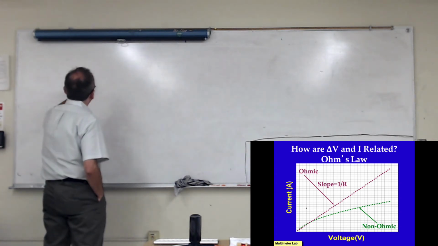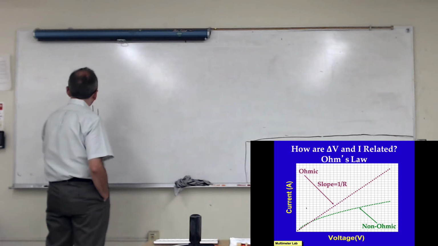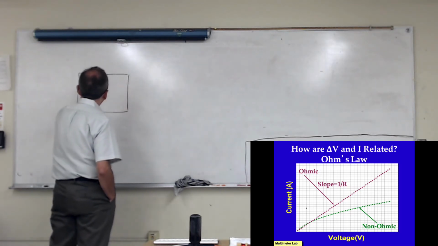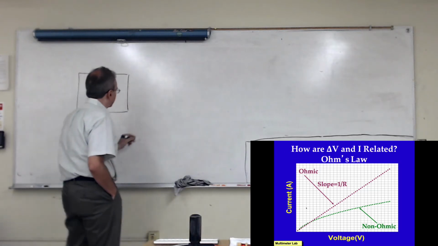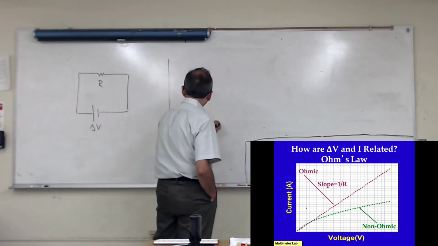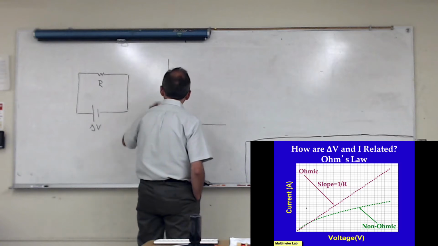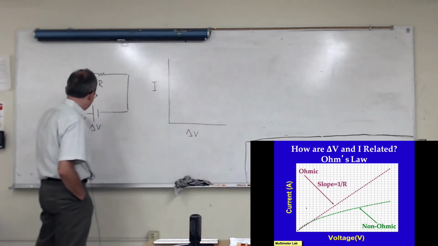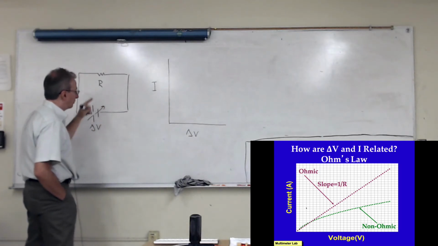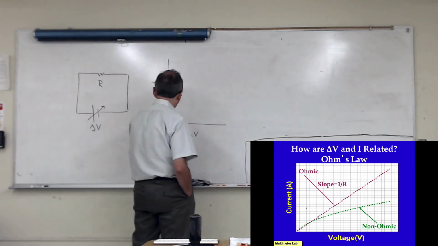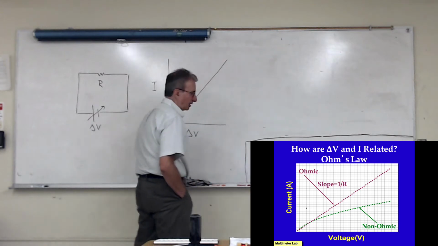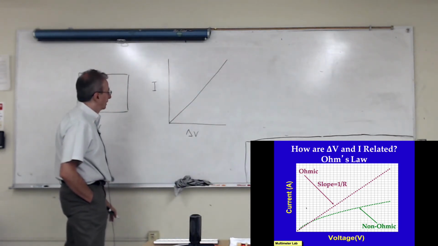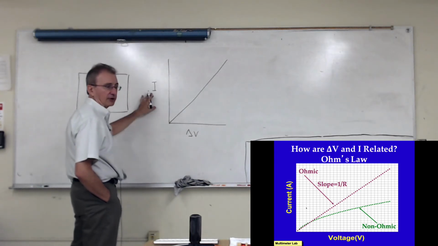Ohm's law: if we have a circuit with a battery and a resistor, basically if you plot current here, the potential you apply to the resistor on the horizontal axis, you'll get a straight line if you vary V and measure I.